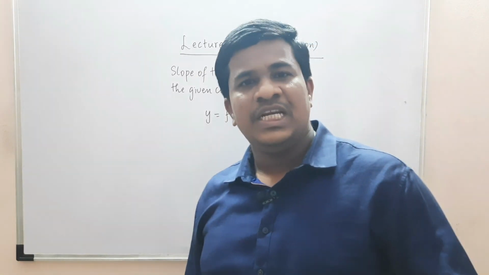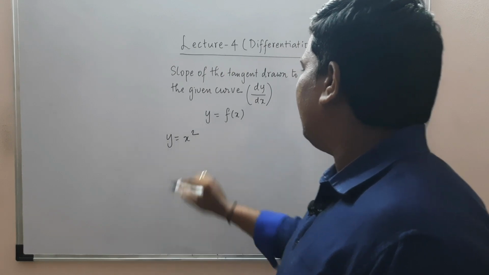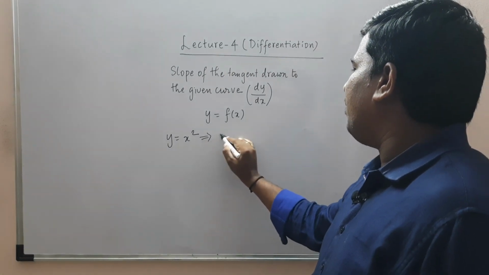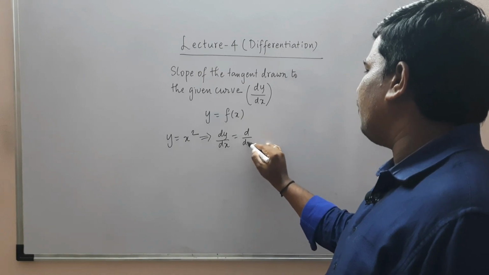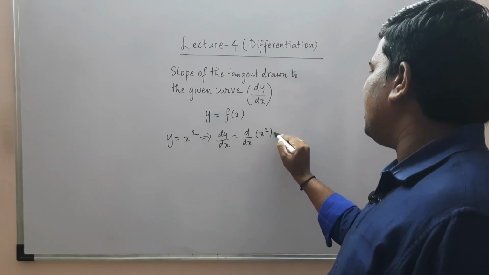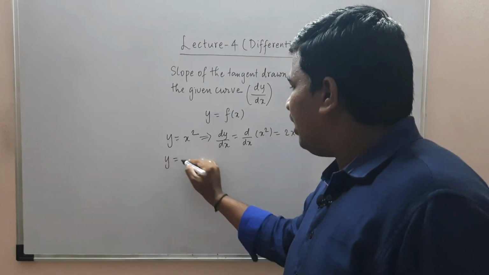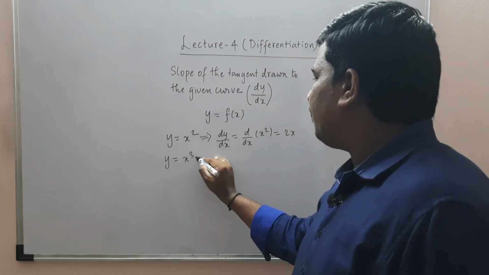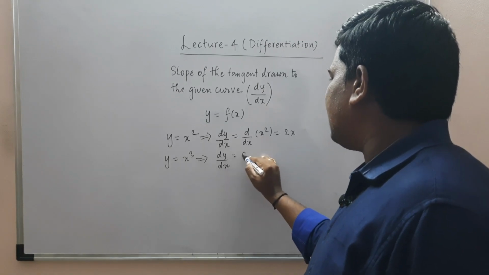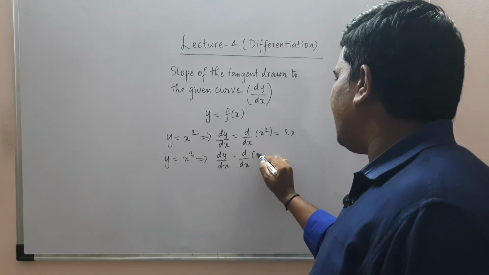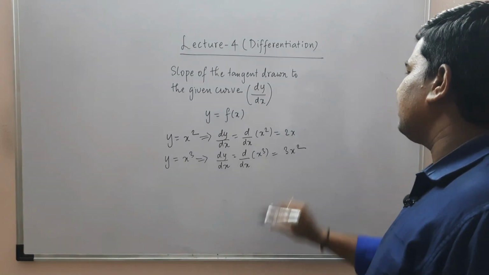As we have seen in our previous video, when we have y equal to x square, we got dy by dx, that is d by dx of x square, equal to 2x. And when we have y equal to x cube, we have dy by dx, that is d by dx of x power 3, which is found to be 3x square.